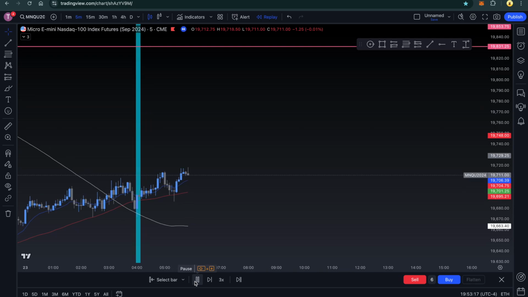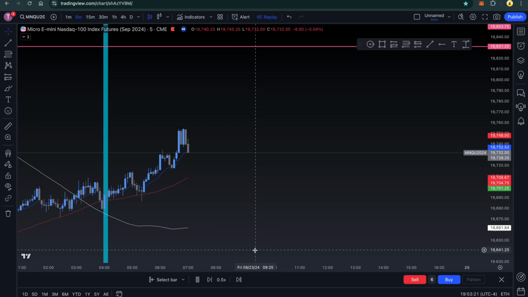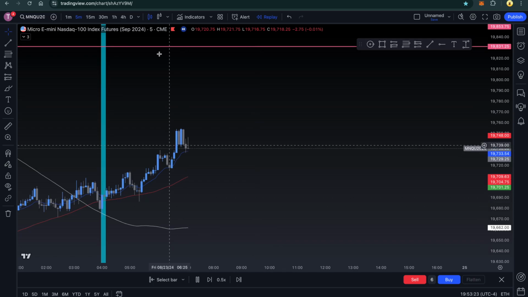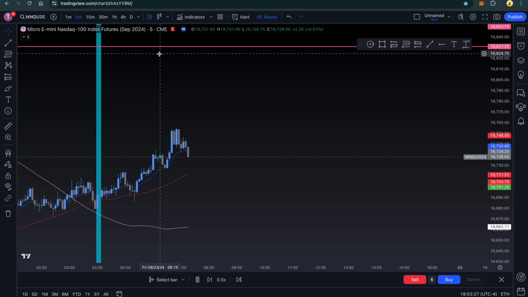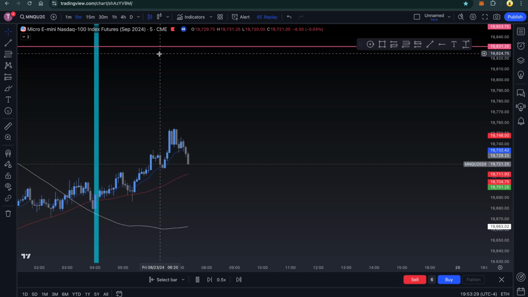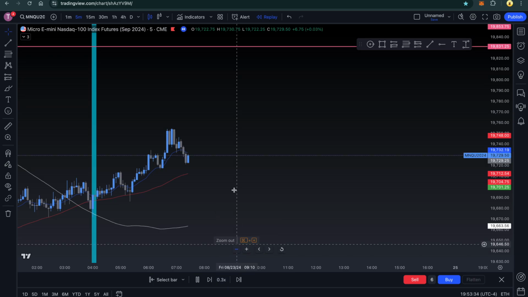The reason I stay on the regular candles, this is going way too fast, is because it's better to see and comprehend what the price is doing with your eyes. The biggest thing I tell people learning how to trade is that you're really just training your eyes. So let's pause for a minute.